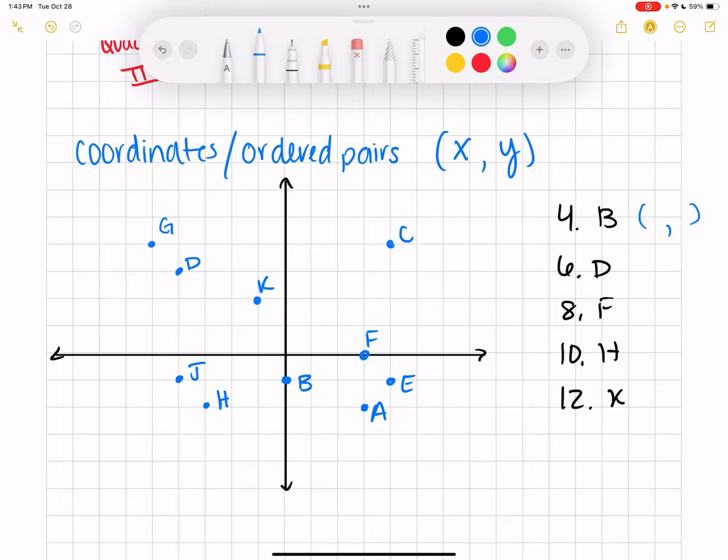All right. So I'm going to be writing the coordinates for each of these points. And then, like I said, y'all will have the odd ones to do. But I just have the whole graph here for you.